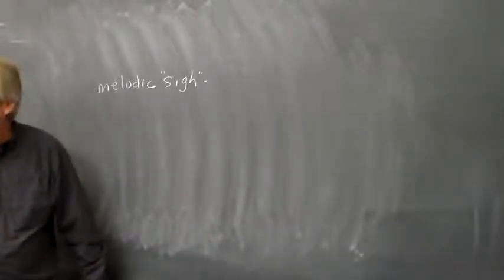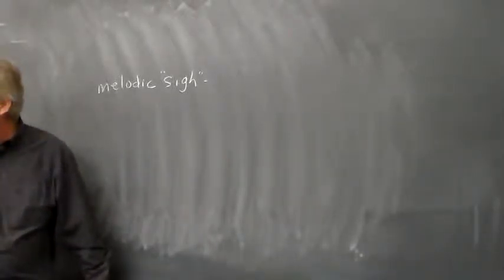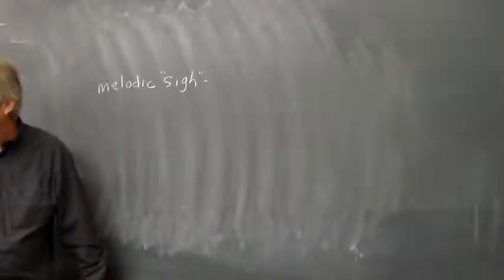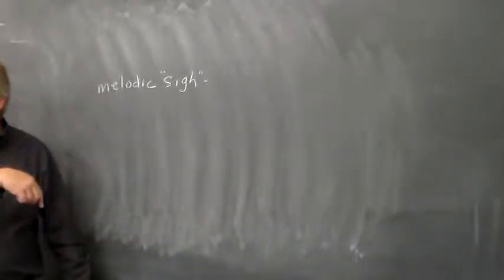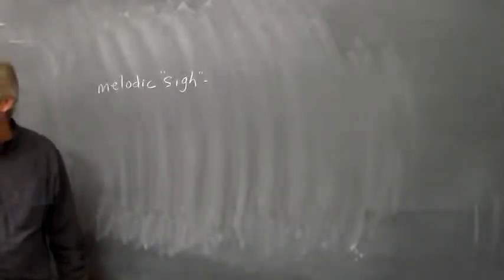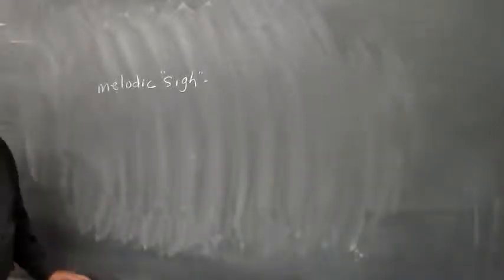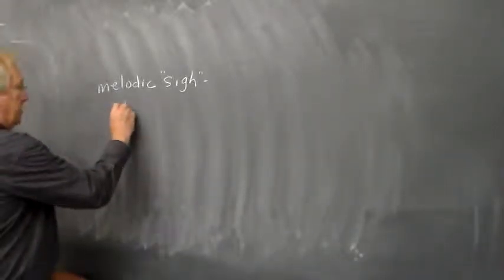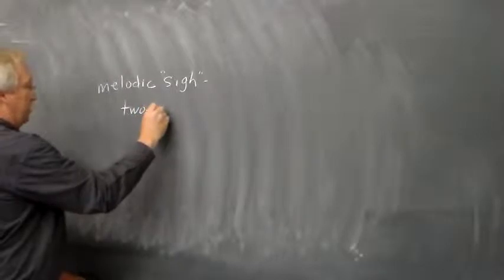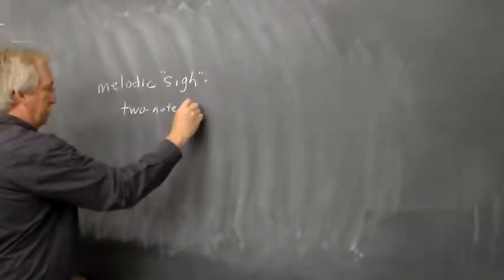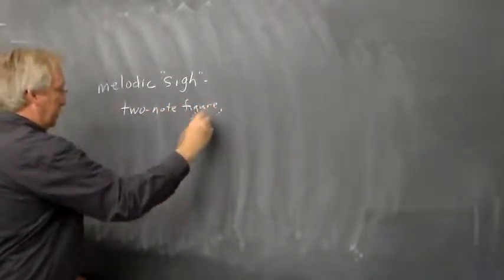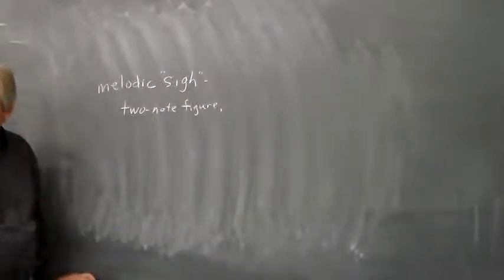And this is something that becomes an expressive figure, but it's somewhat stereotyped in the classical period. But we'll hear this in both the Mozart and in the Haydn symphonies. And it's a two-note figure. And it often falls by step.